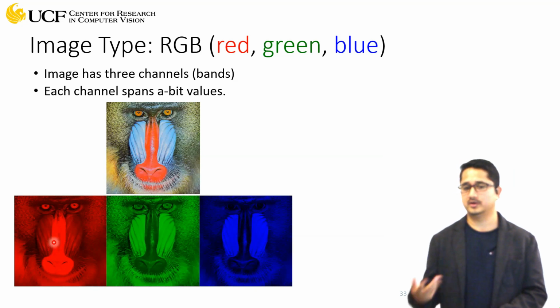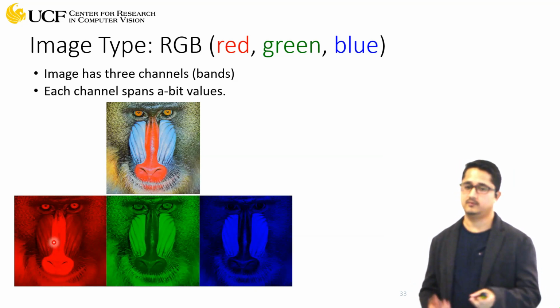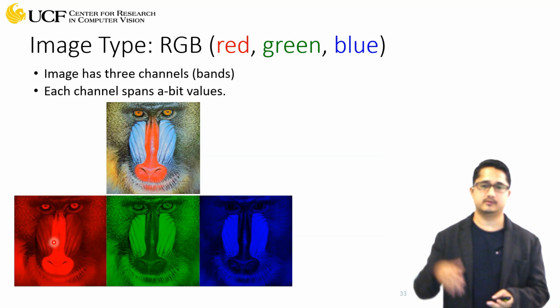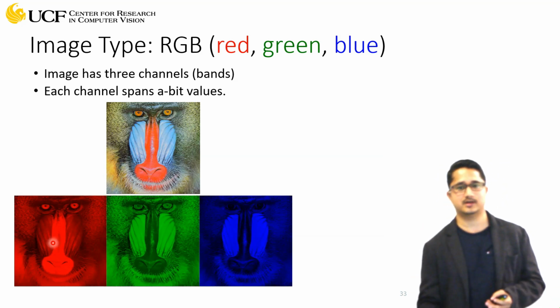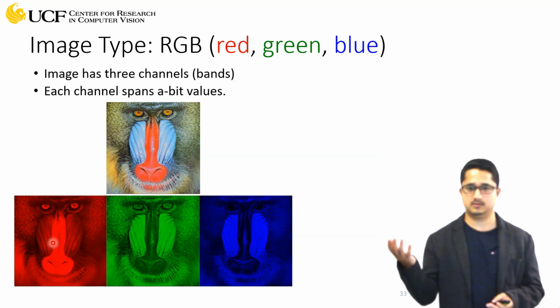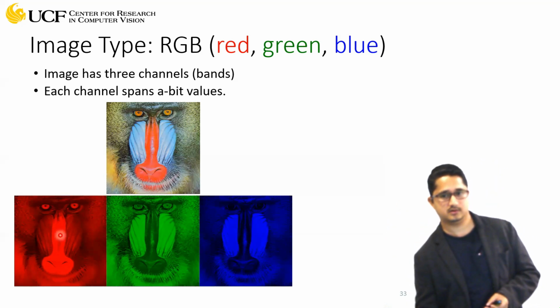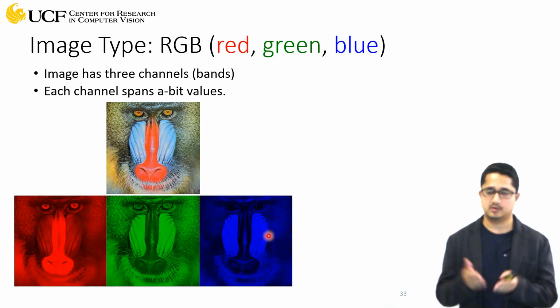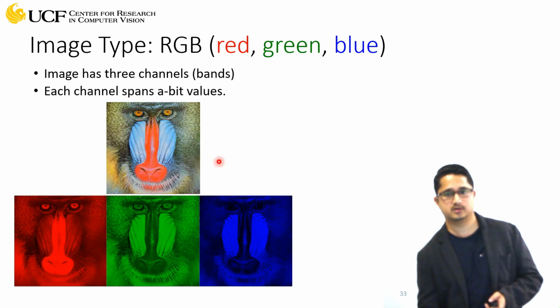The only difference is that in that case it was going from 0 to 255, representing white all the way up to black. In this case, it's no red, all the way up to complete full red. And this is for green, and this is for blue. So an RGB image is nothing but 3 different channels, and when you combine these 3 together, this RGB image is formed.